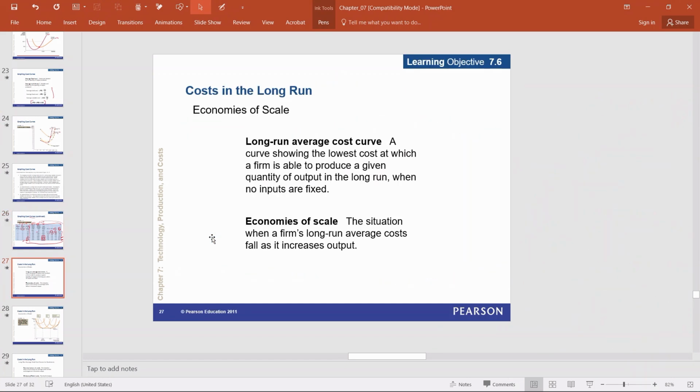So for this slide, the idea here is based on the fact that as we increase the level of production, we should get lower cost per level of production.